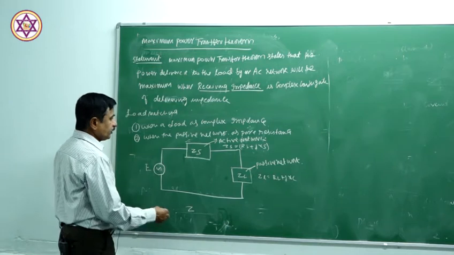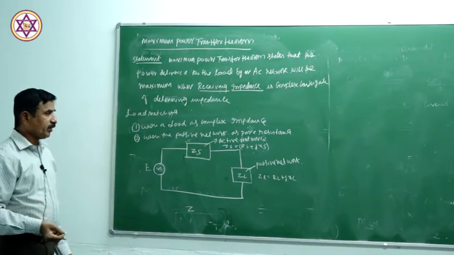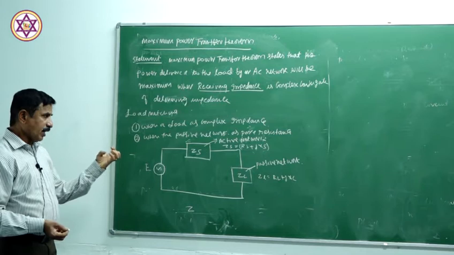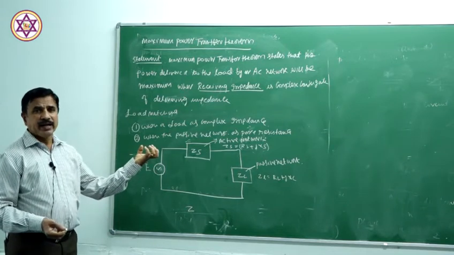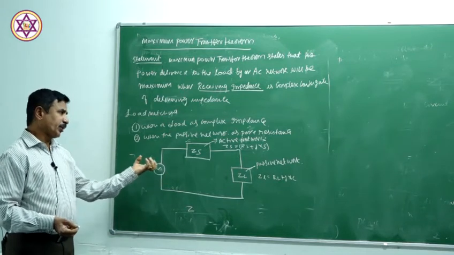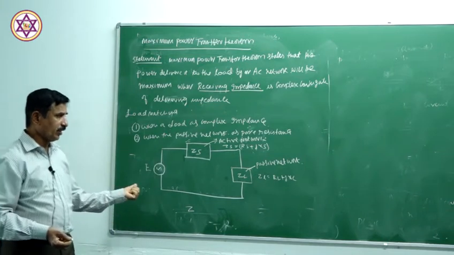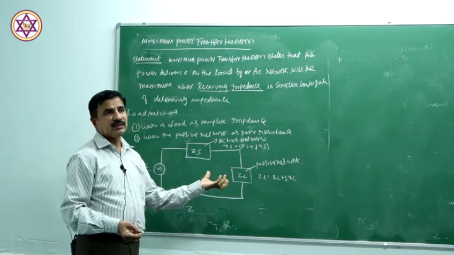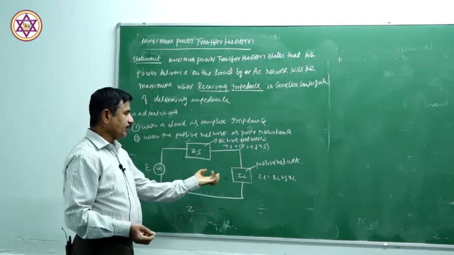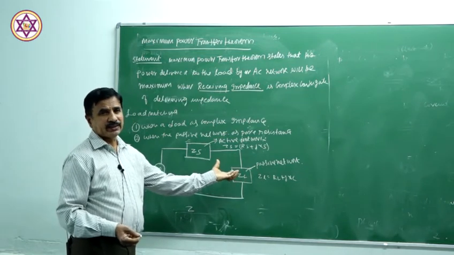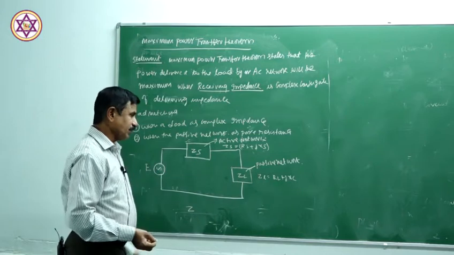The active network contains a voltage or current source with circuit elements, whereas the passive network contains only components like capacitor, inductor, or resistance.